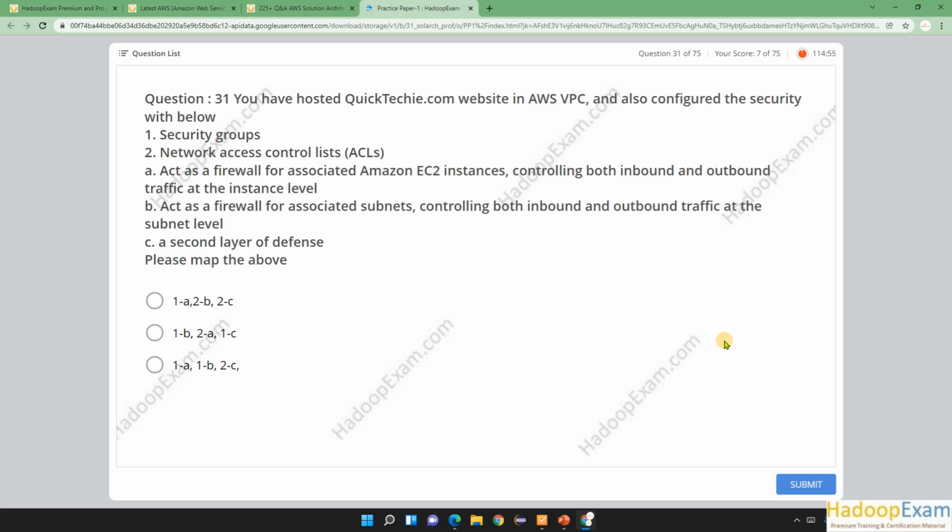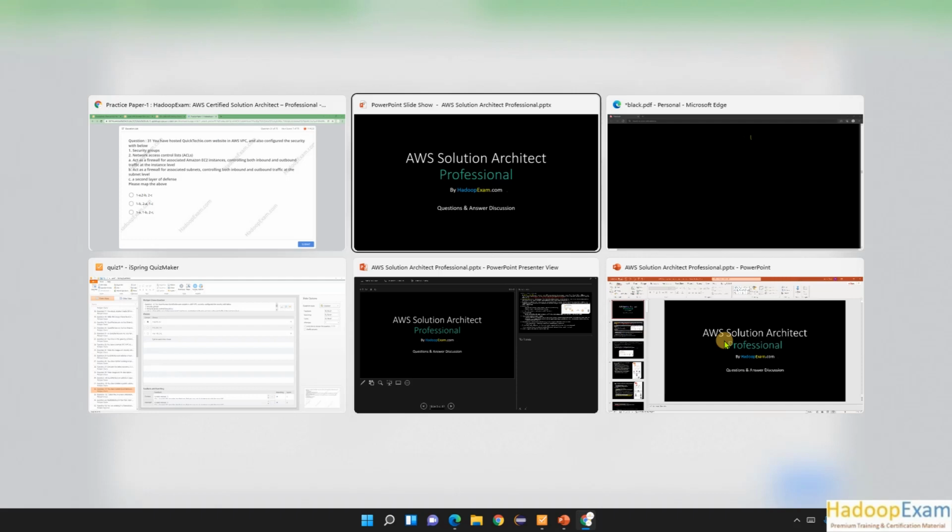The options given are: act as a firewall for associated Amazon EC2 instances controlling both inbound and outbound traffic at the instance level; act as a firewall for associated subnets controlling both inbound and outbound traffic at the subnet level; a second layer of defense. We need to map 1 and 2 to what exactly they map to, correct? So let me go for the explanation first.